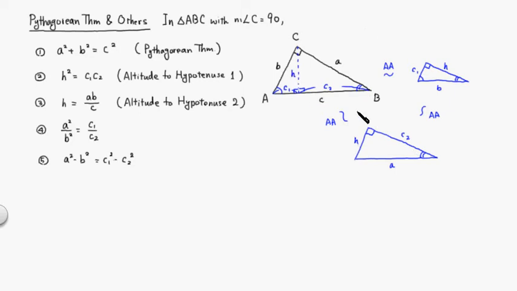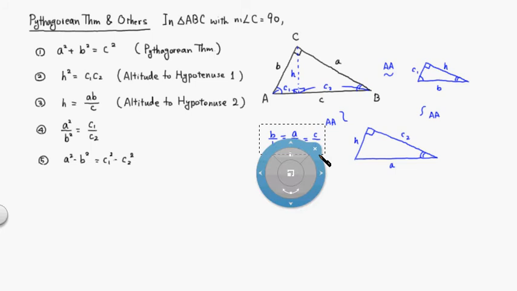So b to h is equal to a to c2, is equal to c to a. Oh, actually, I did that in the wrong place. That will be the similarity between these two, so I'll just put it over here.